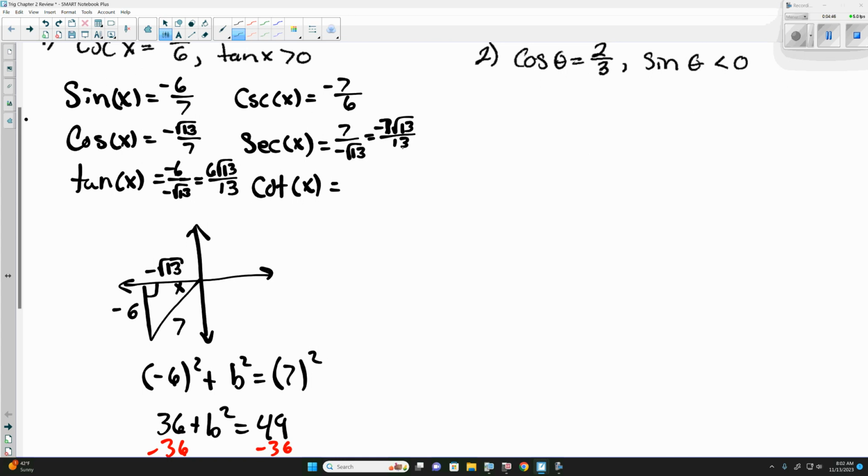Well, we could flip our 6 square root of 13 over 13, or we can just flip our 6 over the square root of 13, which actually just gives us the square root of 13 over 6. Either way, if we did flip the 6 square root of 13 over 13, it would have been 13 over 6 square root of 13. We could plug it into the calculator, and it would just tell us it's the square root of 13 over 6.